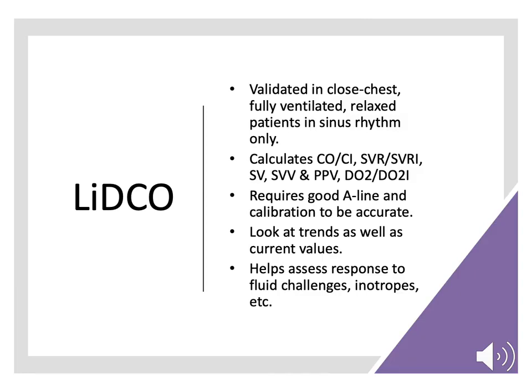That is the beat to beat or stroke to stroke change in volume coming out of that patient. And it will also calculate, if necessary, your delivered oxygen and your delivered oxygen index. As I said, it's important to look at trends as well as the current value so you can see what's been going on with your patient.